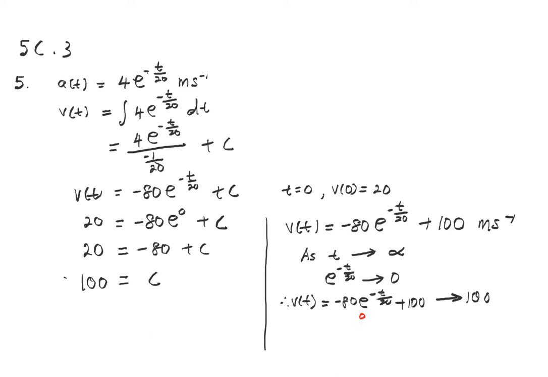And it's a minus, so it approaches from below. This is your upper limit. That means your v(t) graph will go like that, and 100 is here. Are you okay? You can use your graphic calculator and sketch the graph.